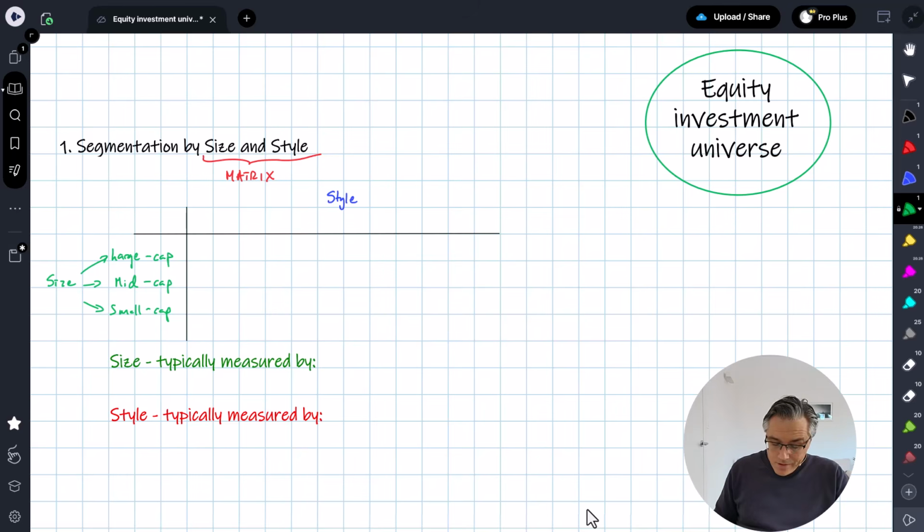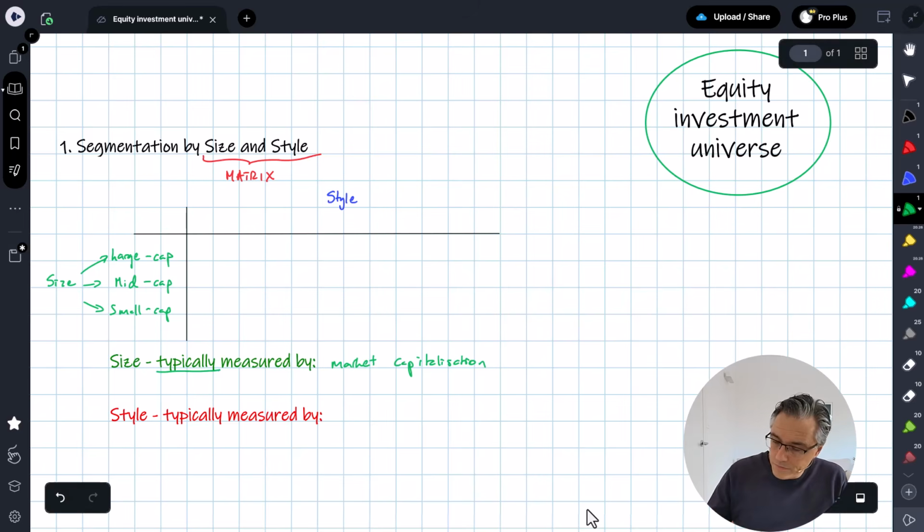So size will typically be measured by market capitalization, or cap, as hinted at in the names of the rows. Of course, you could measure size by some other criterion than market capitalization, but this is the typical one that we're focusing on here.